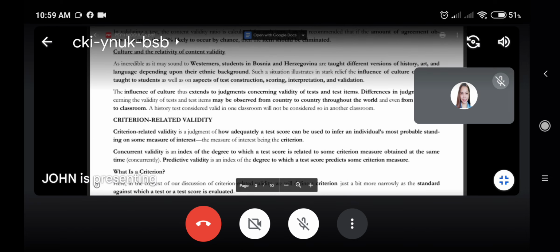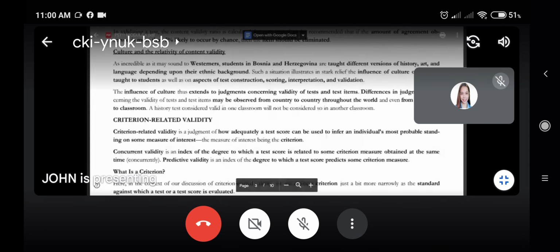Like for example, the extraversion. When we look into the scoring and interpretation of the 16PF, or the 16 Personality Factor by Cattell, the amount of extraversion of women is quite higher than the amount of extraversion of men. So what do I mean?